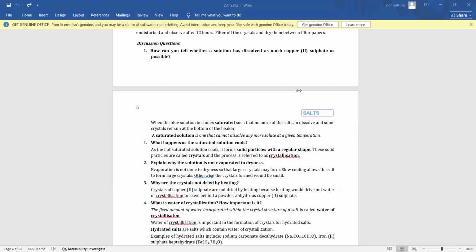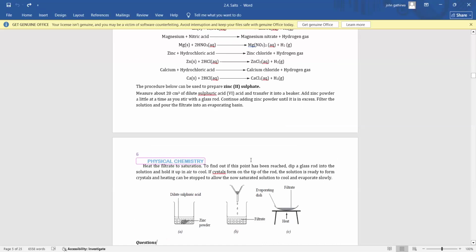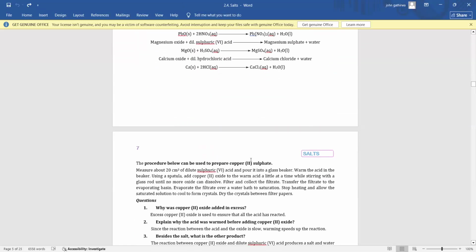That is precipitation or double decomposition. And also direct synthesis can apply there.